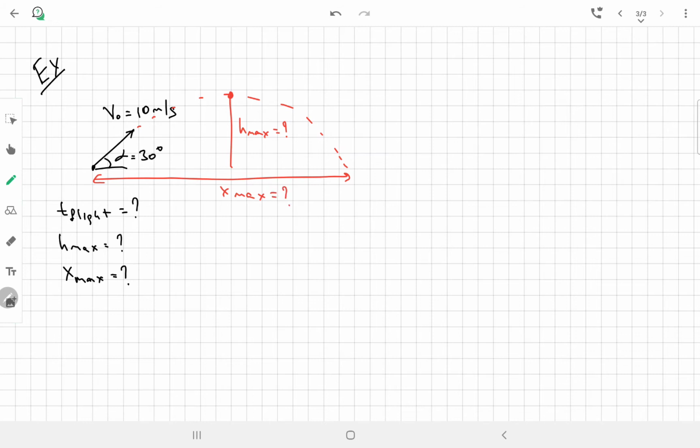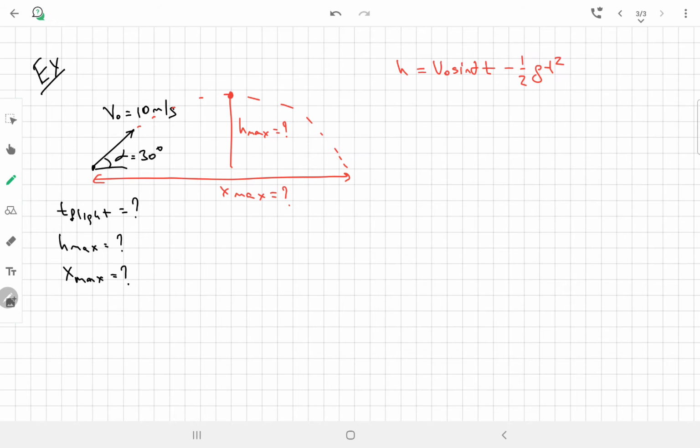Before solving this example, let me explain. Let me write equation number 3. We know that height equals initial velocity in the vertical direction times time minus 1 over 2 gt squared. Standard problem.